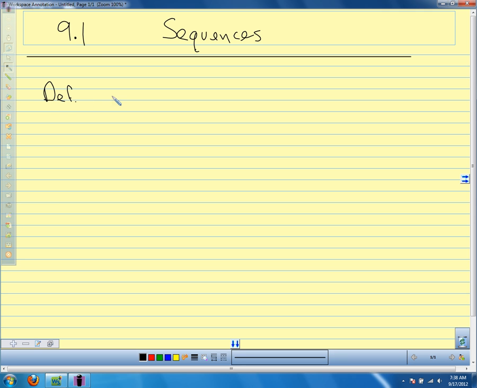So we're going to define a sequence, and I have to make sure I spell right here. We're going to define a sequence as a function whose domain is a set of positive integers.